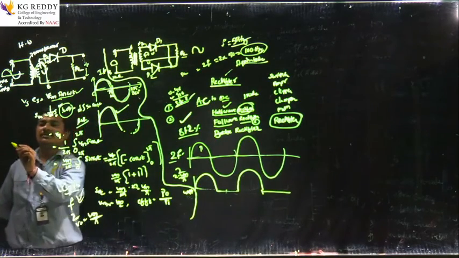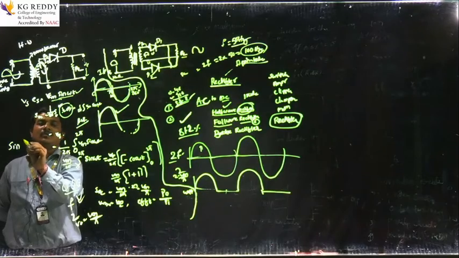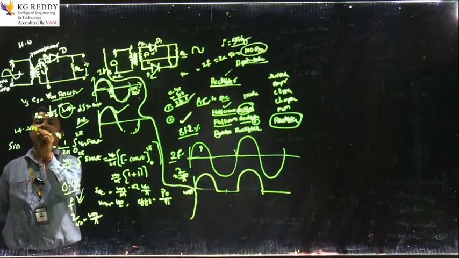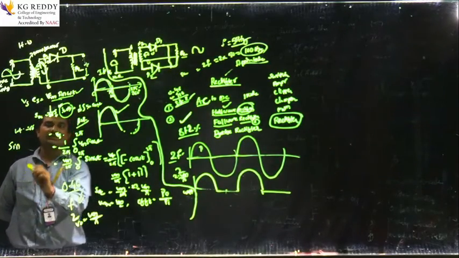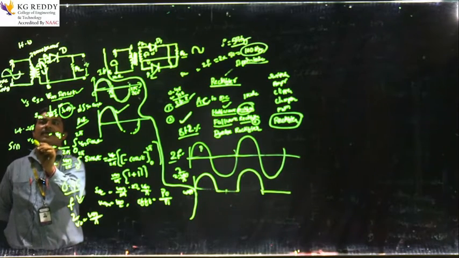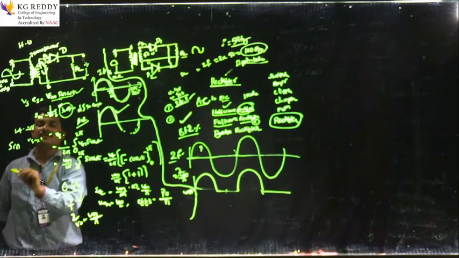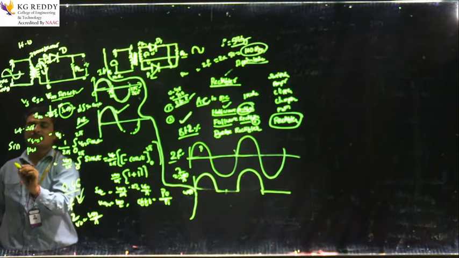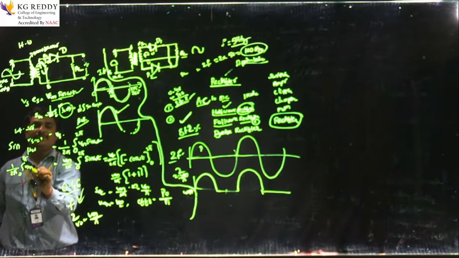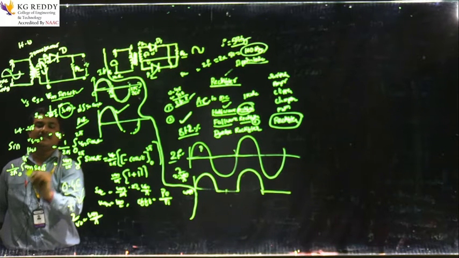Let us take omega equal to 60 degrees and find Vs in a half wave rectifier. Suppose the integral is 1 by 2 pi, from 0 to 2 pi, of Vm sin 60.